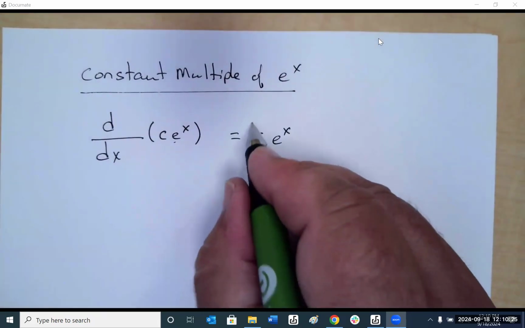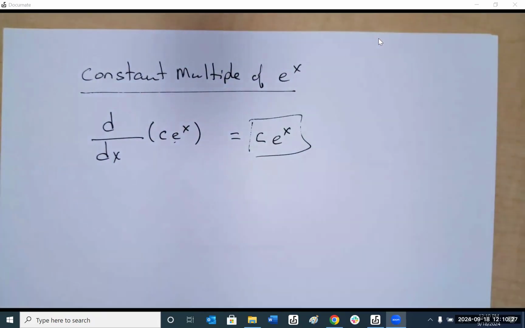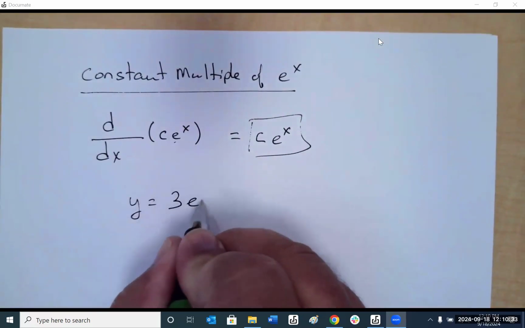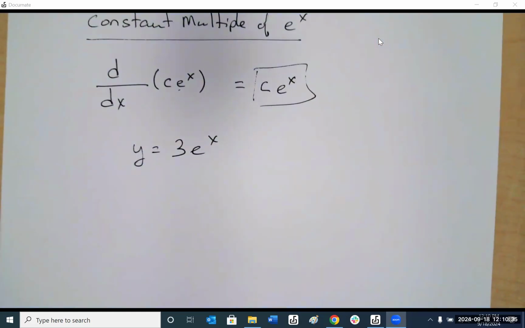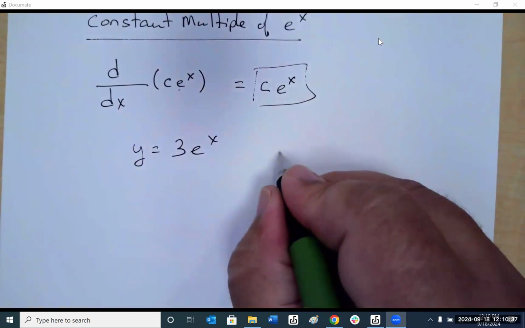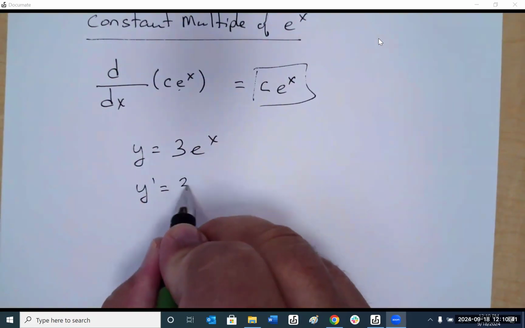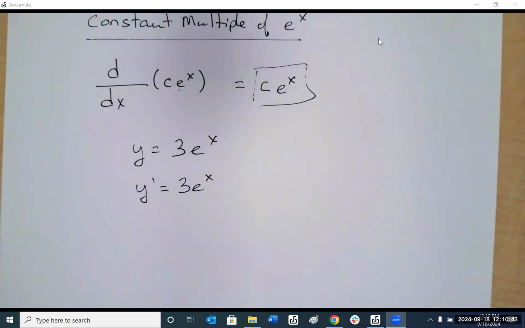There's a derivative. So if the function was 3 e to the power x, the derivative would be 3 e to the power x.